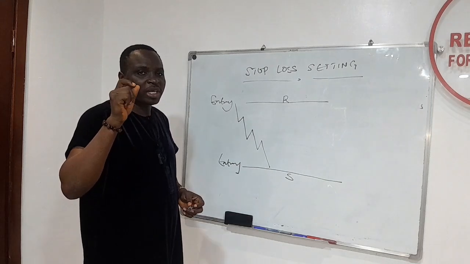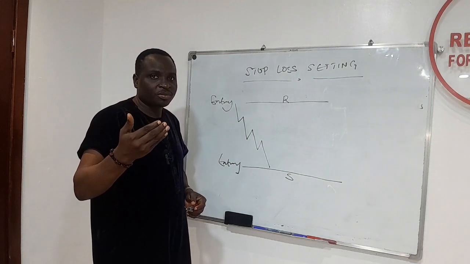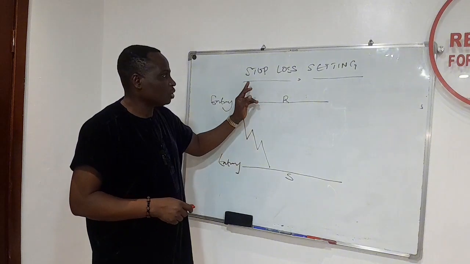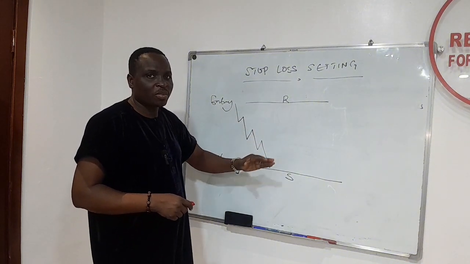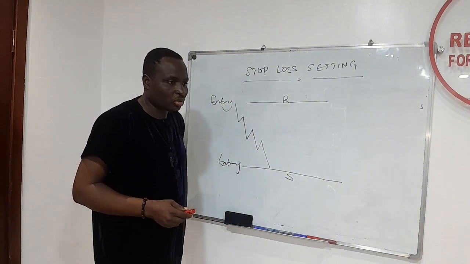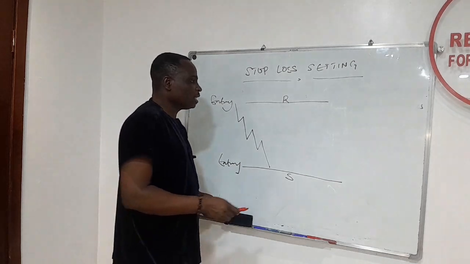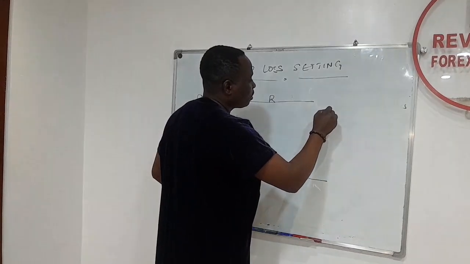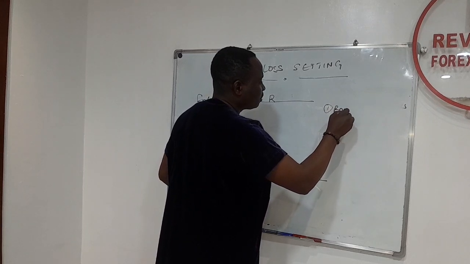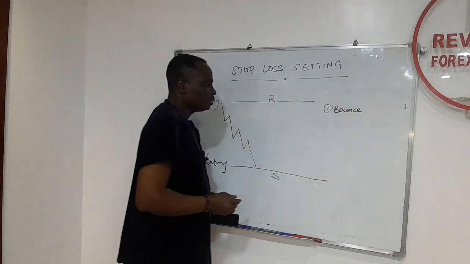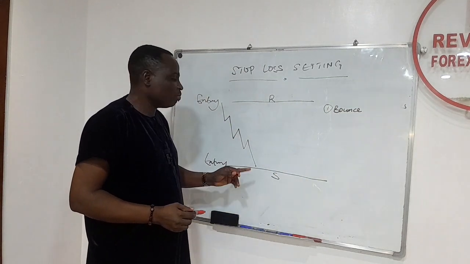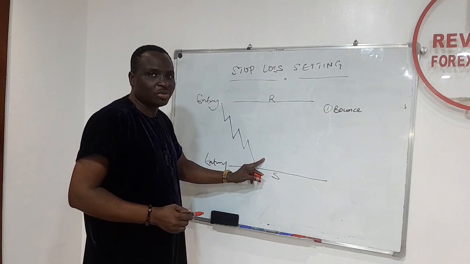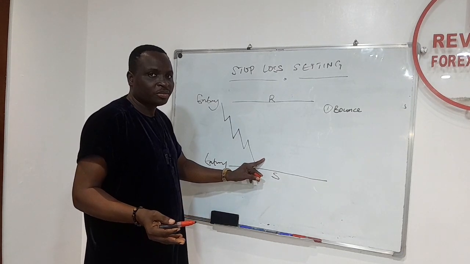There are 4 expectations at the key levels that even help you to process your stop loss setting properly. What are those expectations? The first expectation is bounce. Bounce simply means that market respects the key level for what the key level is about.